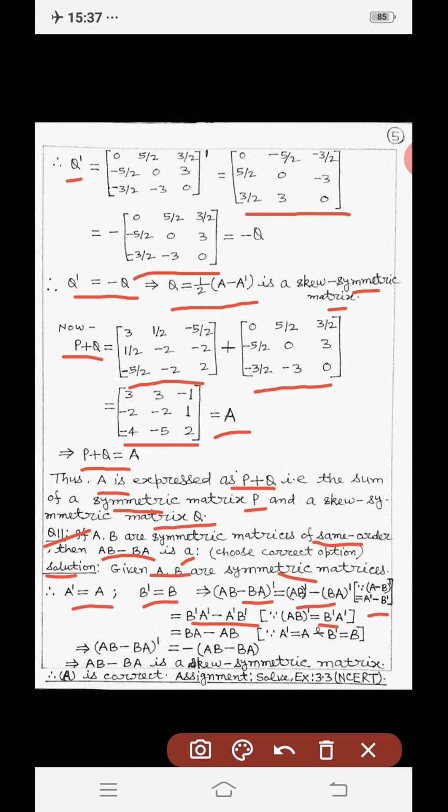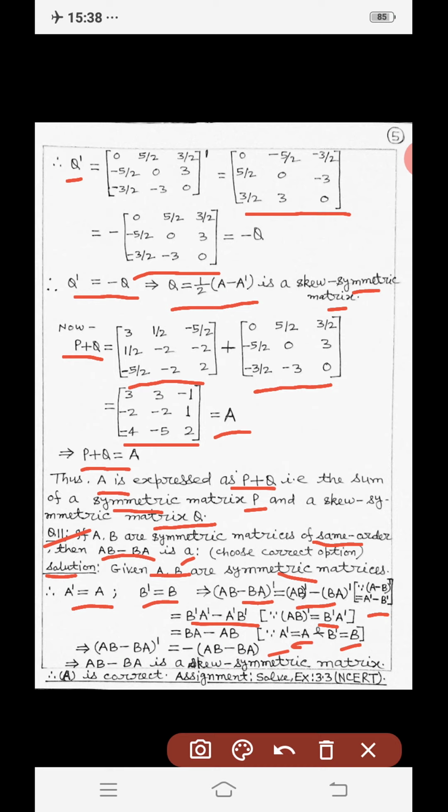And this is equal to BA minus AB, since A transpose is equal to A and B transpose is equal to B. So (AB minus BA) whole transpose equal to minus, if we take minus 1 common, we can write minus in bracket (AB minus BA).